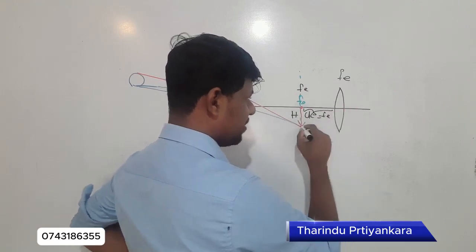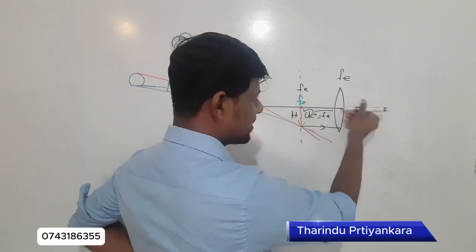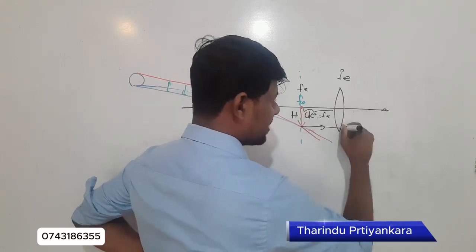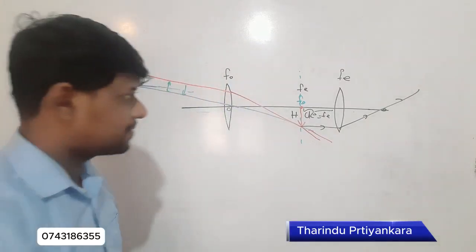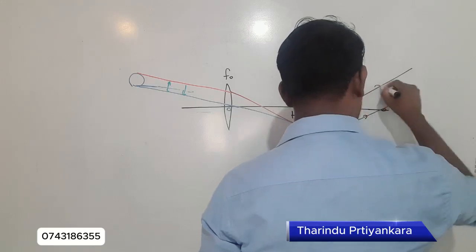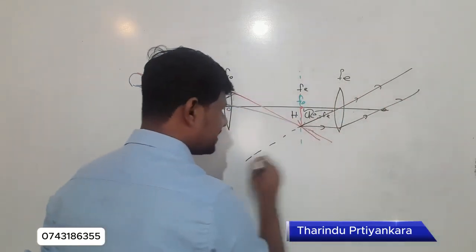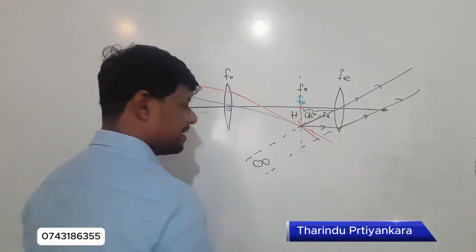This distance, object distance. Okay, you draw a line and you have to measure a certain distance similar, and going to draw a certain line like this. The second scenario is you have to draw a line like this. Now I'm going to extend this line back, and you can see it is creating the image at infinity.